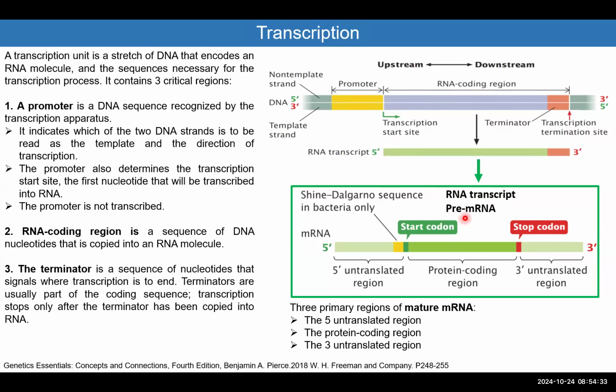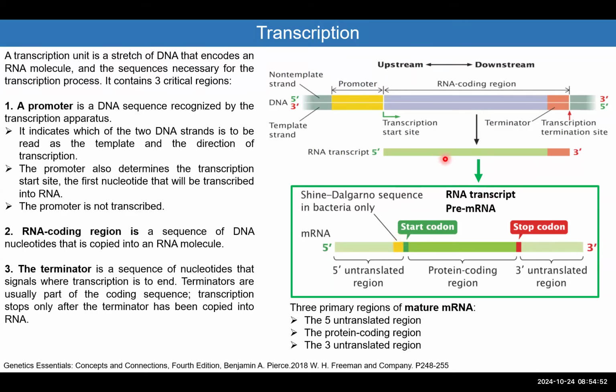So this is called a pre-messenger RNA, okay? Or an RNA transcript. So in the next couple of slides, I will focus mostly on the messenger RNAs because the messenger RNAs are the ones that will be translated into proteins.